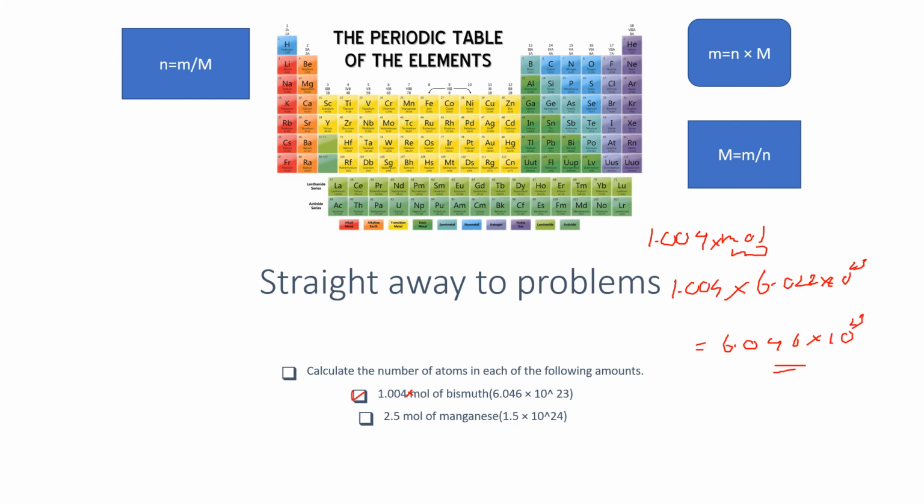Okay, so we do this one, same thing, same way, 2.5 times 6.022 10 to 23.